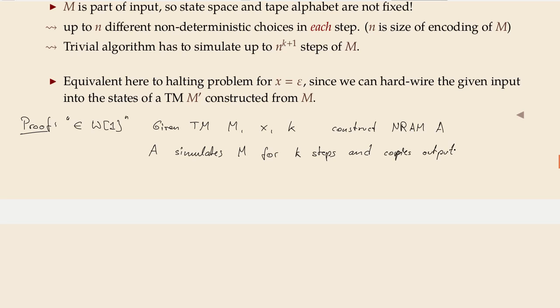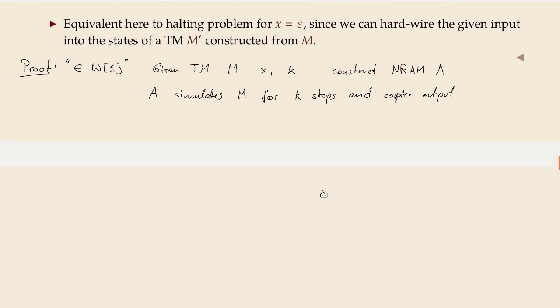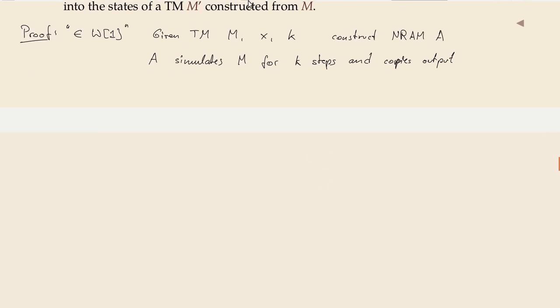This is still the easy direction because we just have these few steps to do. Now for the other direction, the case that this halting problem is hard, we have to show that any other W1 problem reduces to this one.